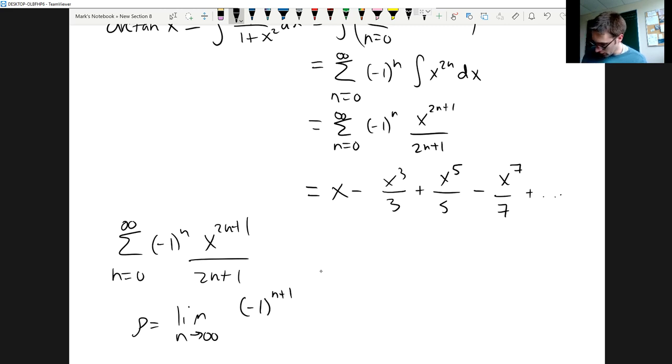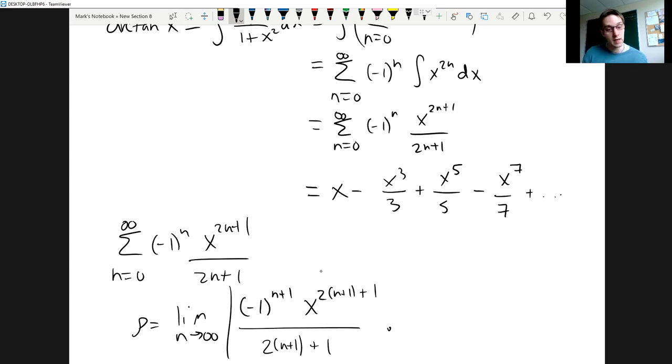So I'll plug in n+1 there. So x to the 2(n+1)+1, all over 2(n+1)+1, times the reciprocal of the nth term. So 2n+1, all over (-1)^n x^(2n+1).